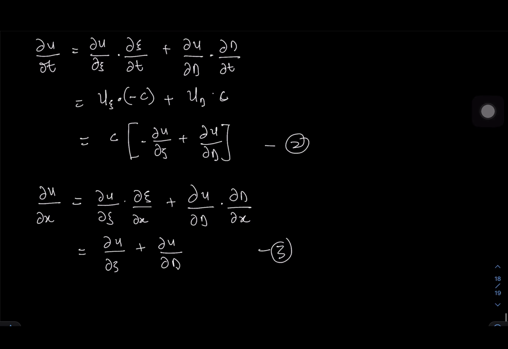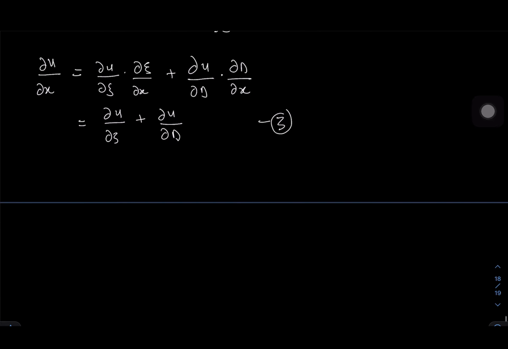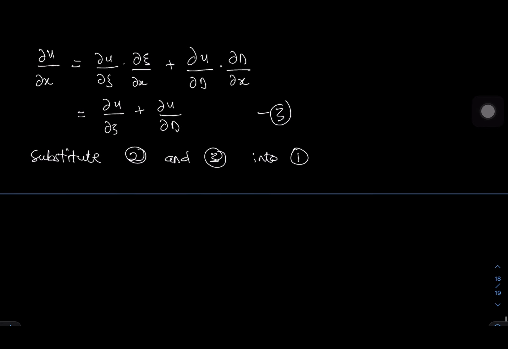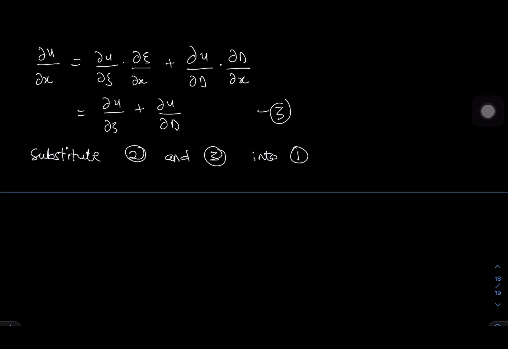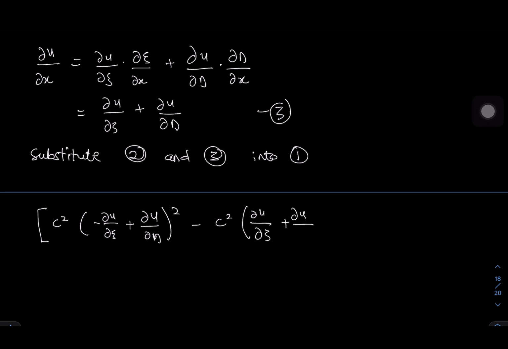Okay. So if we do that, we substitute equations 2 and 3 into equation 1. We're going to have c squared multiplying del u del eta, del c, del u del eta, squared minus c squared del u del c plus del u del eta squared, and that should be equal to 0.